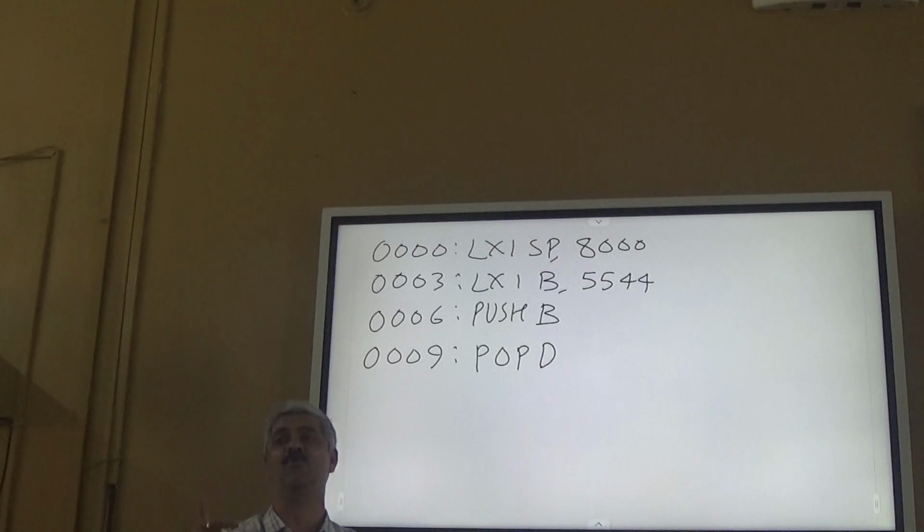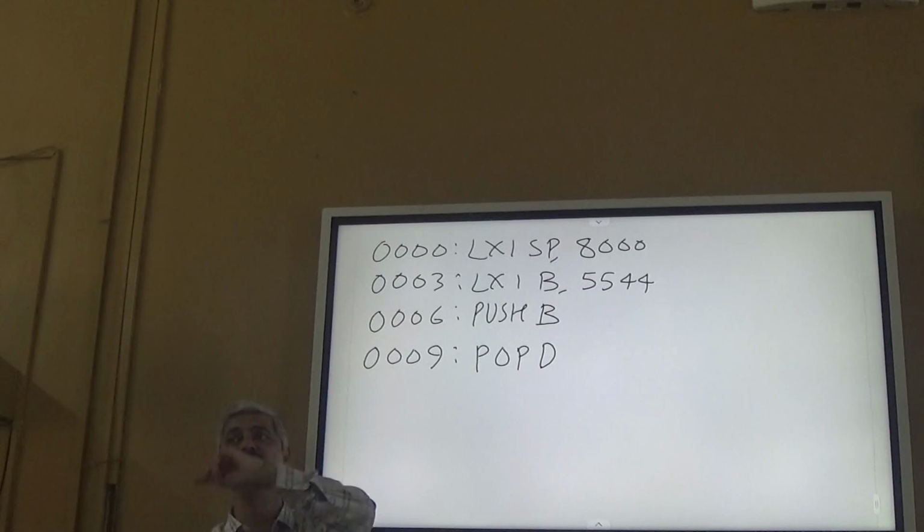So one push and one pop restore the stack pointer. For push: decrement and store higher byte, decrement and store lower byte; load lower byte and increment, load higher byte and increment. So the stack pointer becomes the same at the end of one push and one pop.